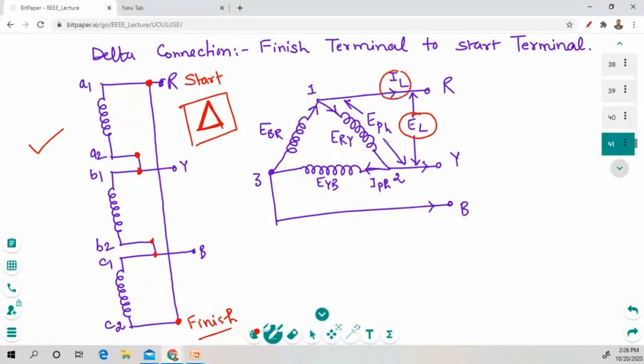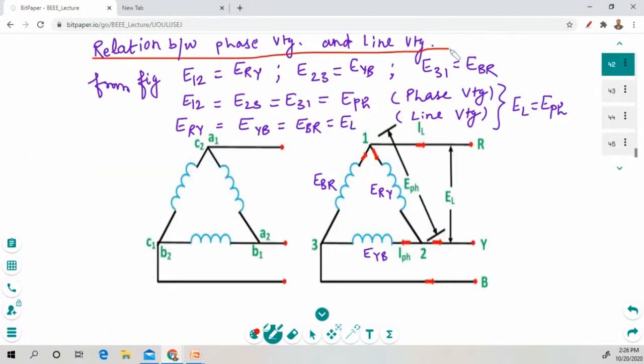This is IL, a line current, EL is a line voltage. This one is also a line voltage. Okay, this is called line current. This is also called line current. So you understand how we have represented all the notation in this figure.